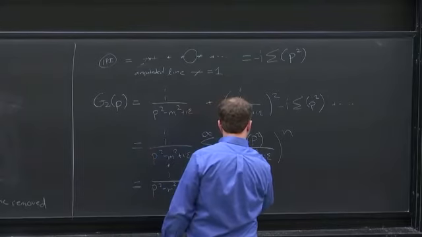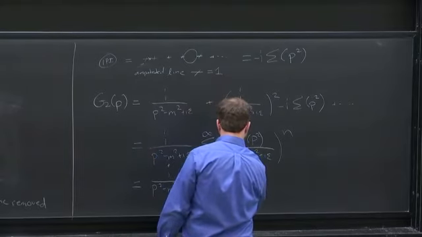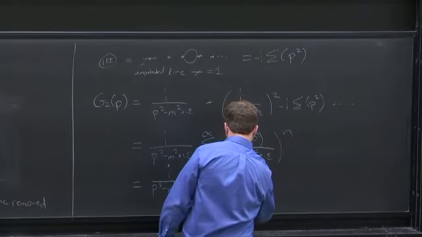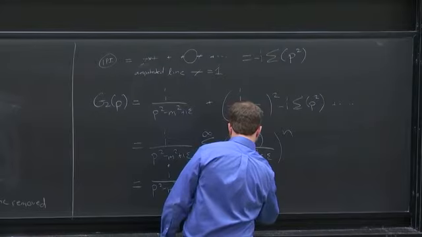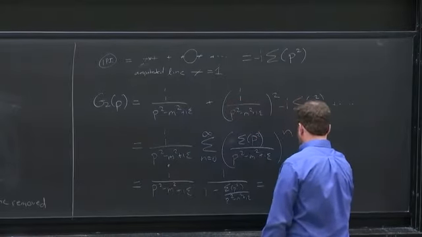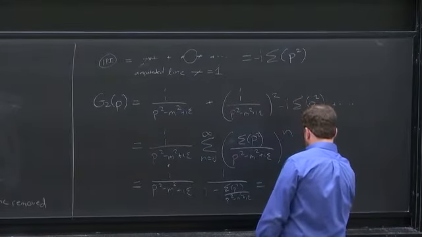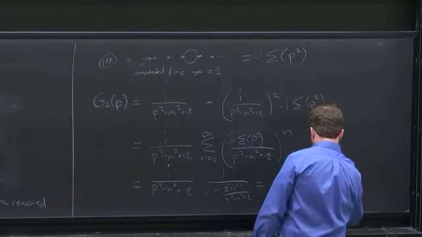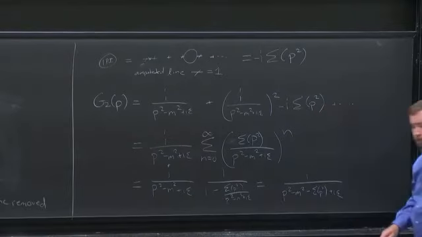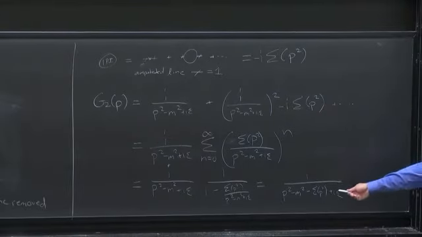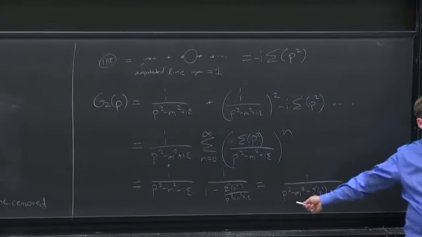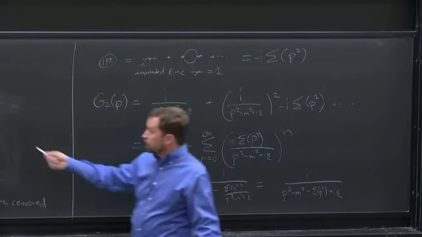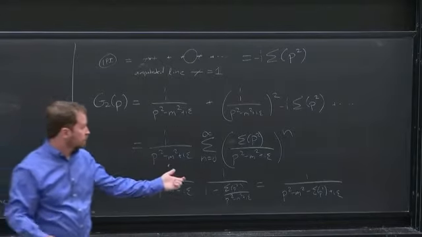and 1 over 1 minus sigma of p. Which is i over... and so this makes precise what I was saying yesterday when I said that the corrections shift the mass.